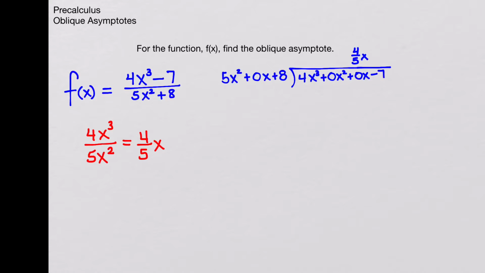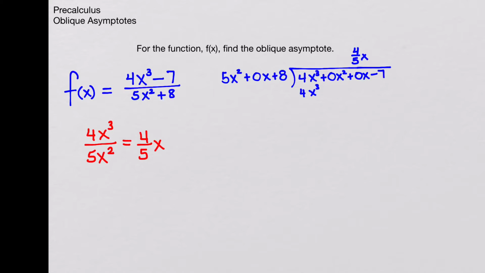And now I'll take the 4/5 x and multiply it by each term that we have over here. So 4/5 x, we're going to distribute that. We're going to multiply it by 5x squared. And that gives me 4x cubed, because that's how we got 4/5 x was the division, so that makes a lot of sense.